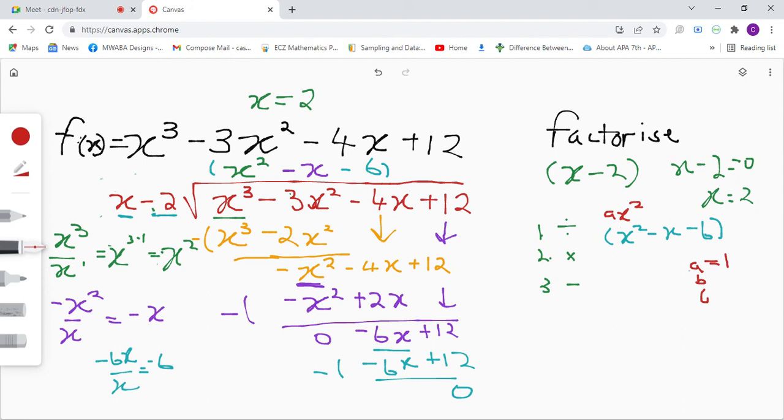B is the coefficient of the x variable, so b is negative 1. C represents your constant. Our constant here is negative 6.